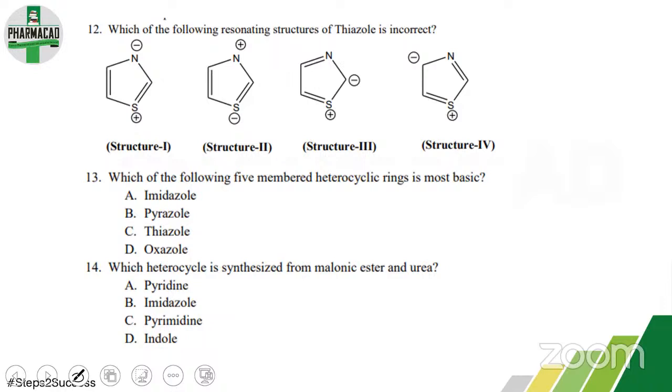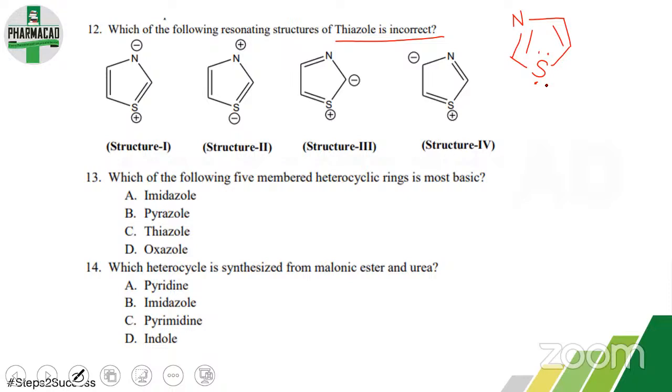Next question. Which of the following resonating structures of thiazole is incorrect? They are asking for the incorrect resonating structure. Okay, so in the case of thiazole, thia means sulfur, aza means nitrogen, and ole means 5-membered ring. So this is thiazole. The sulfur has lone pairs.